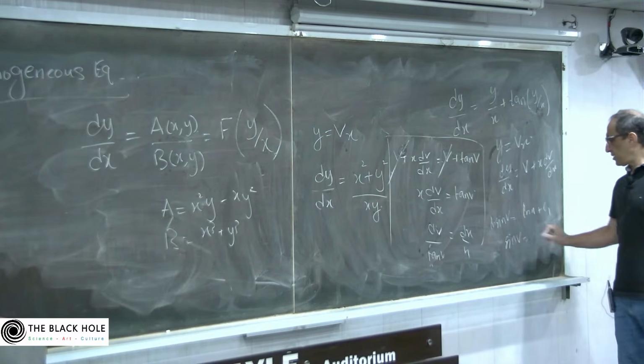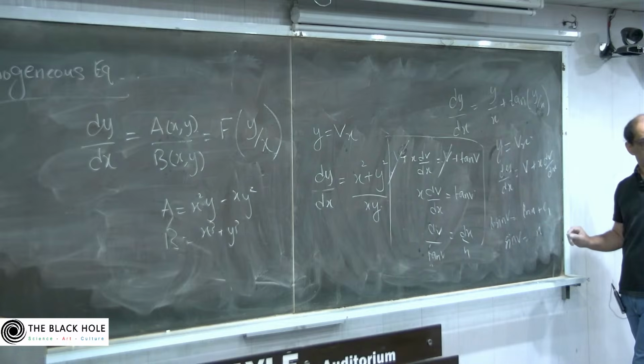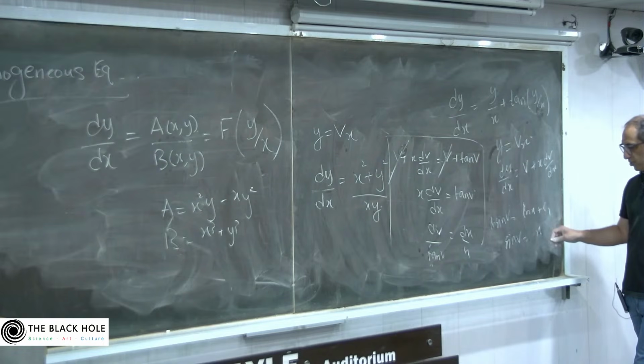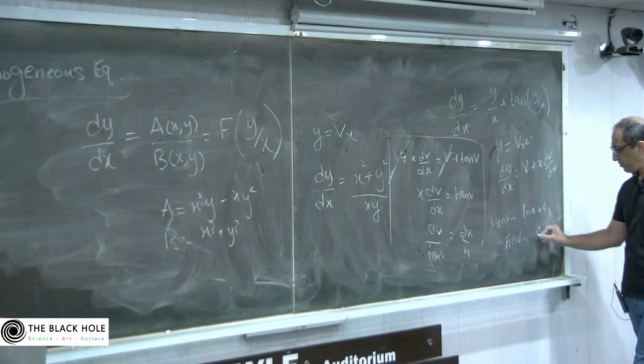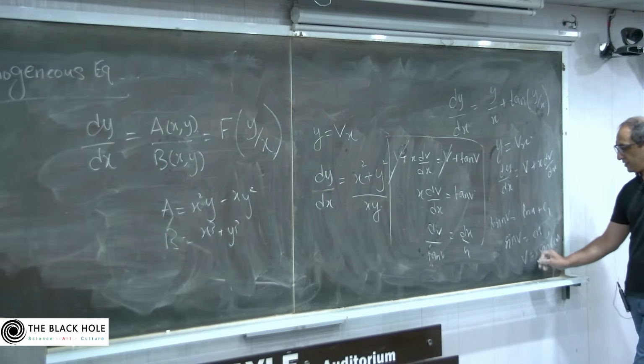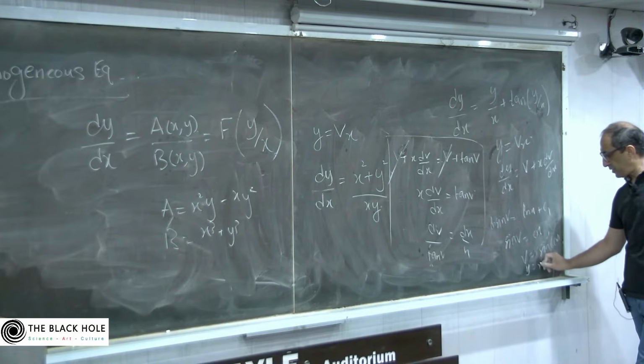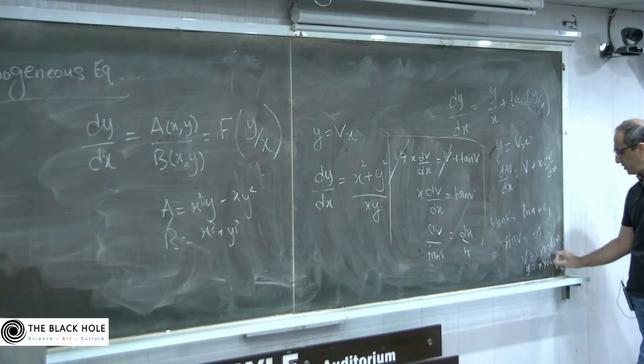Sine of v equals e raised to power log of x, which will be x, cx, yeah, so c I can account for, okay, if you write cx, and v will be equal to sine inverse c of x, and this y is v, so y is equal to x sine inverse c of x.